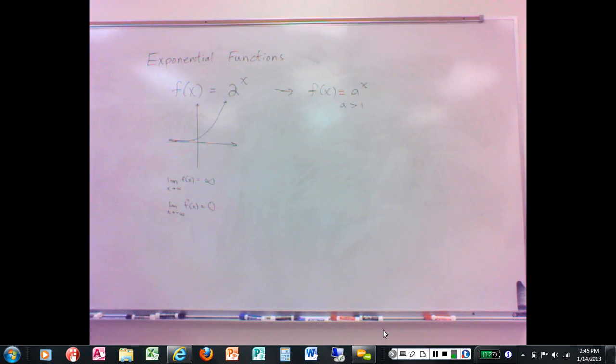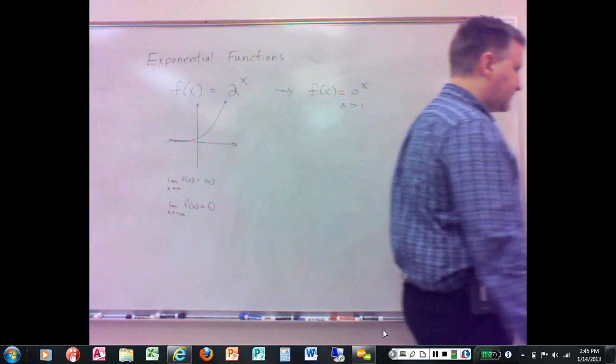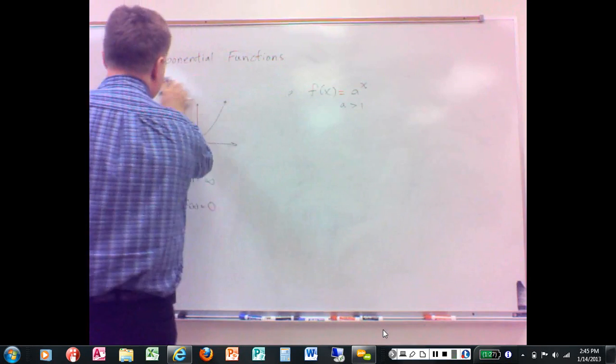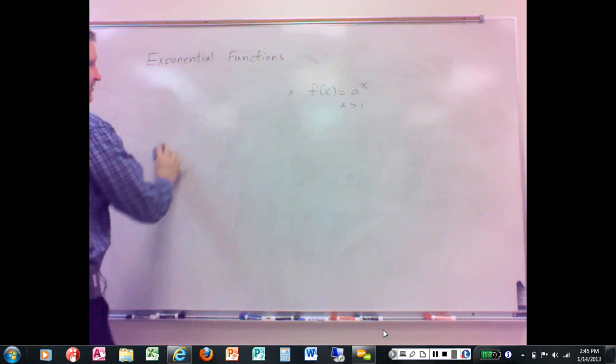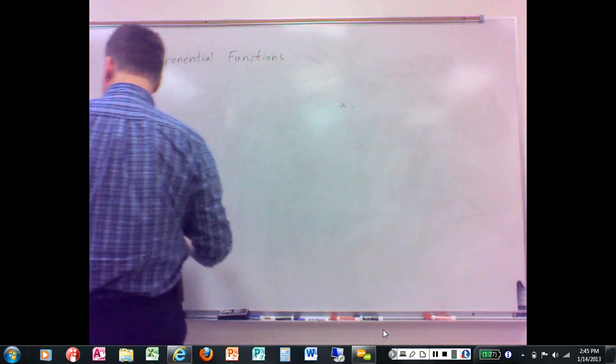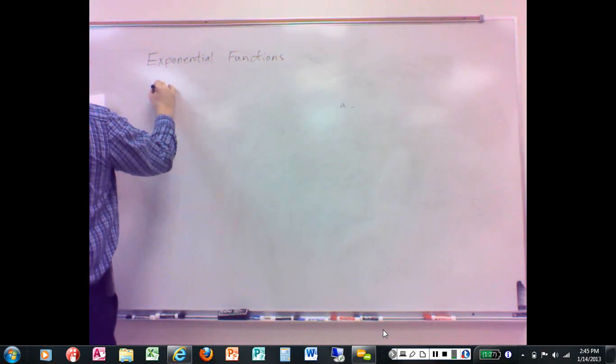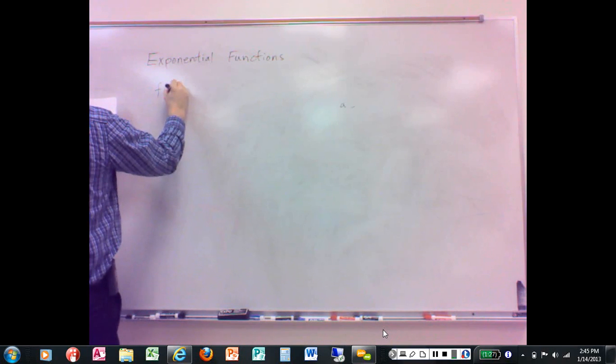Well, when we talk about derivatives, we usually start with the definition of the derivative. So let's do that. Let's talk about the derivative of 2 to the x. Well, let's just do it in general. F of x equals a to the x.